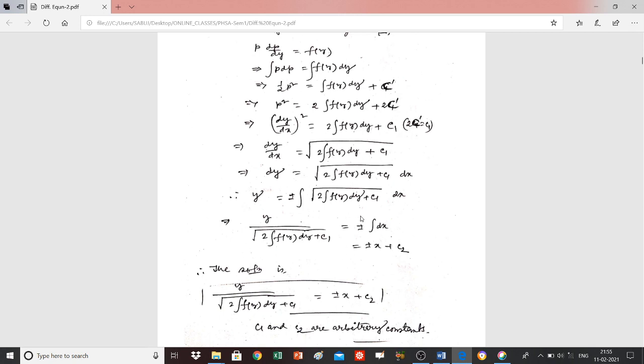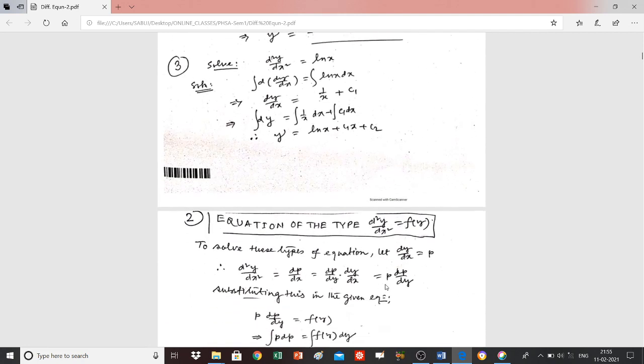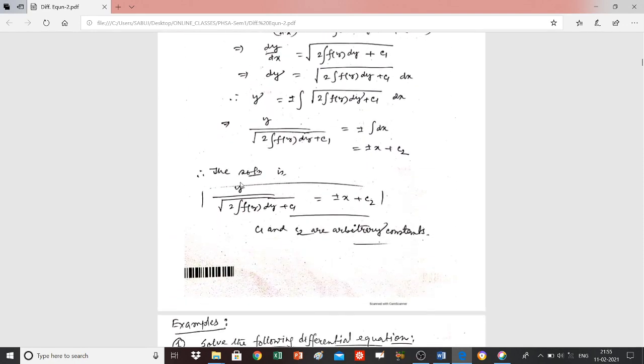So this is the process by means of which you can solve this kind of equation, that is this kind of equation d2y by dx square is equal to fy. And from there you finally obtain the result as y by root 2 integration fy dy plus c1 is equal to plus minus x plus c2 another constant. So two constants are involving in this solution, c1 and c2.